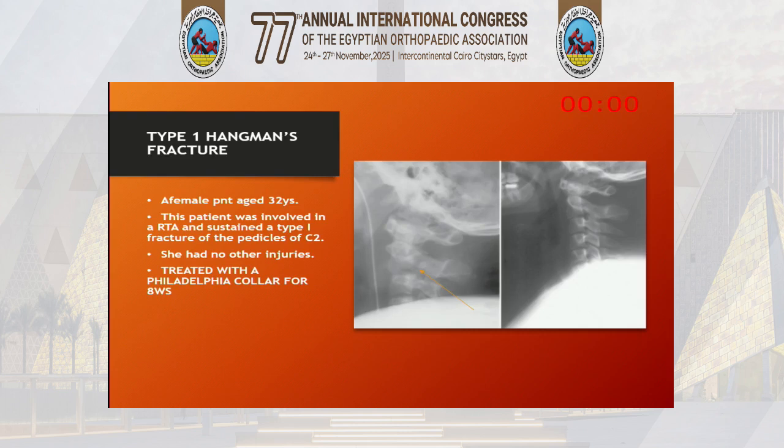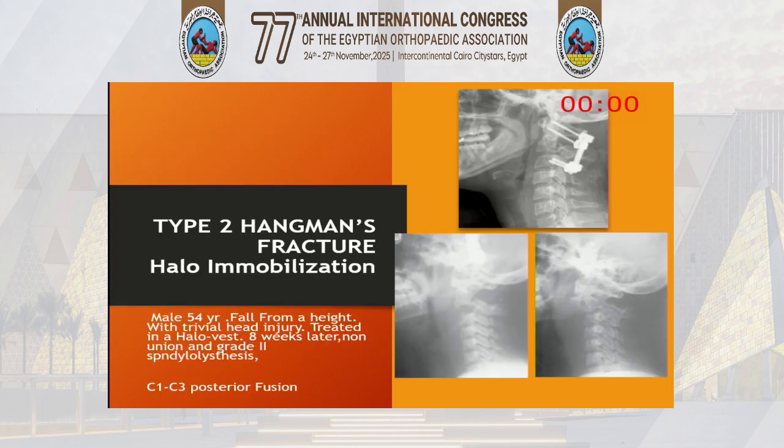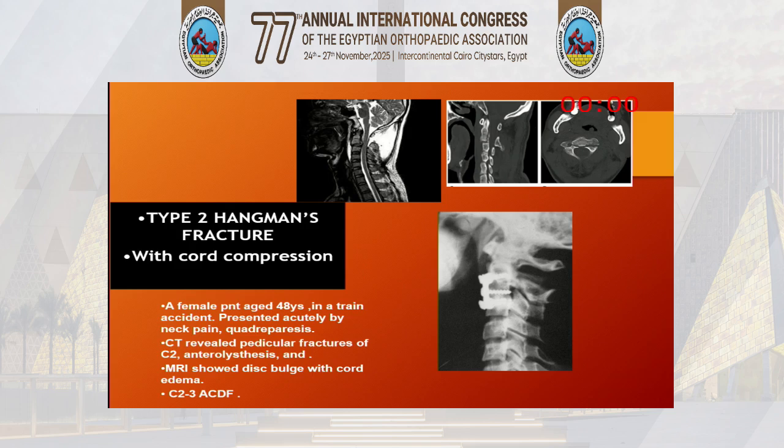Here is a type 1 hangman's fracture in a 32-year-old female, treated conservatively. Here is a type 2 hangman's fracture treated with a halo vest with residual instability, and treated with C1-C3 fusion.